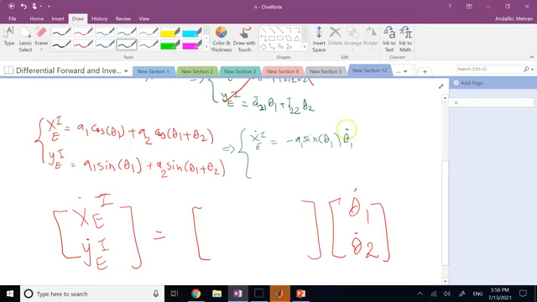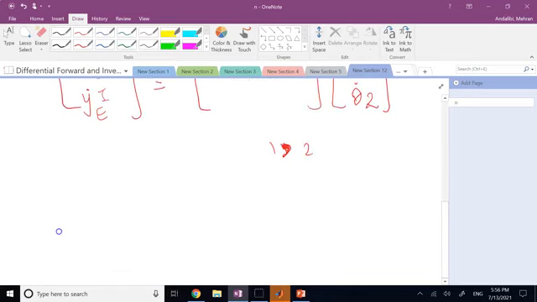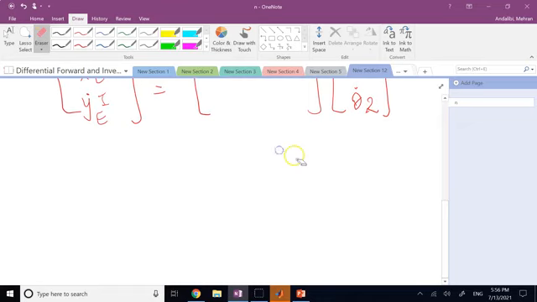Theta 1 dot, correct? That comes from the chain rule, right? Take a look here. I'm taking the derivative of cosine of theta 1 with respect to time.